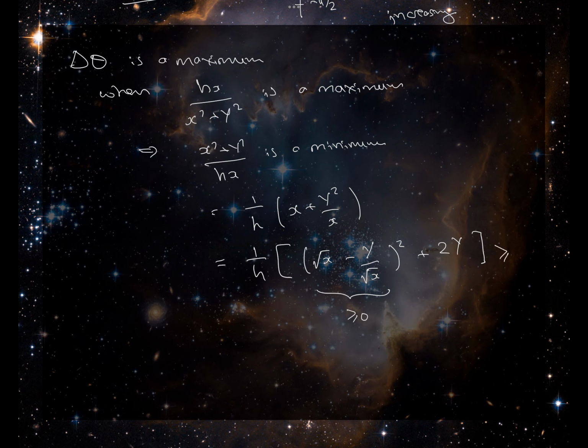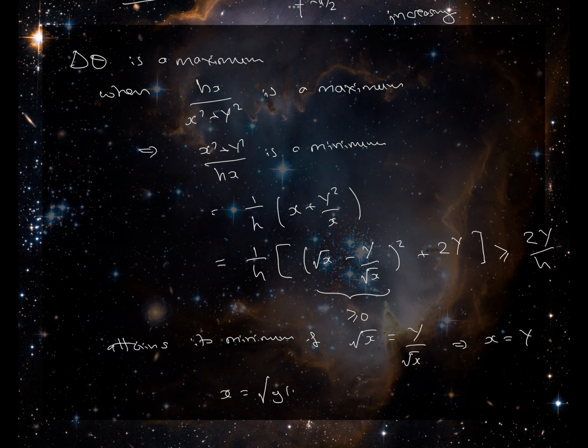It has a minimum of 2y over h and attains its minimum if root x is equal to y over root x, or in other words, x is y. Now remember, y is just the square root of y into y plus h, which is the geometric mean of y and y plus h.